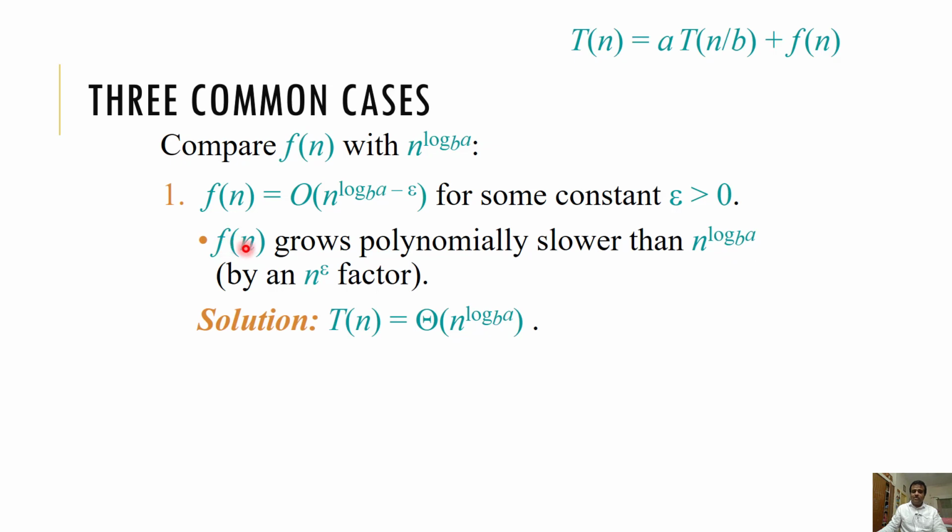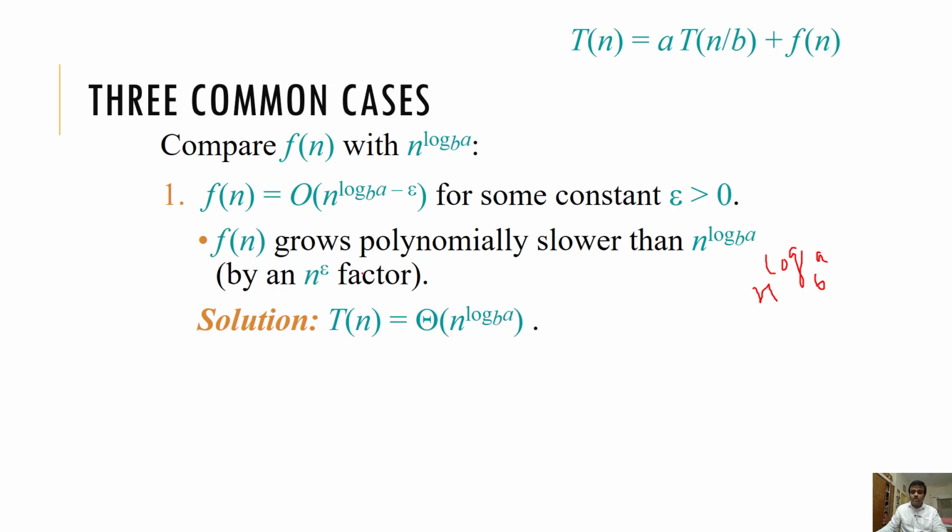So this is slower. How much slower? Even if we divide n to the power log a base b by a polynomial factor, Fn is still slower. So n to the power log a base b is dominating; its growth is faster, polynomially faster.